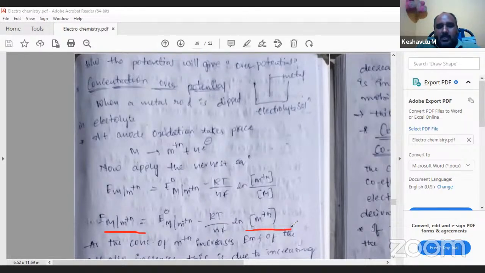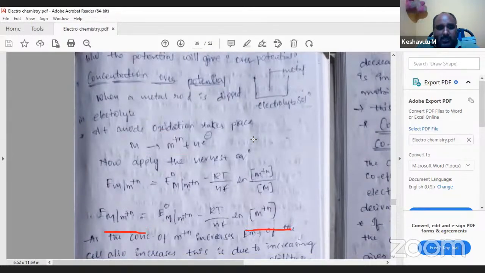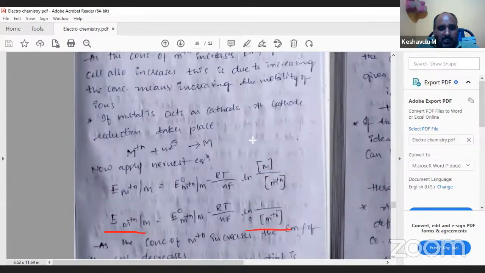And the same metal can be involved in reduction. Just see that reduction reaction. This is if the metal acts as the cathode. We don't know whether the metal acts as anode or cathode until it is coupled with another electrode.